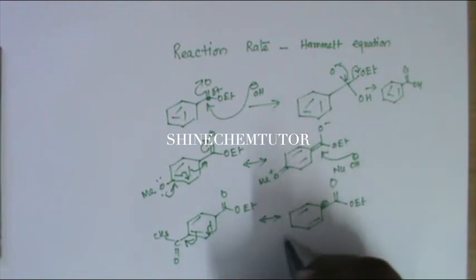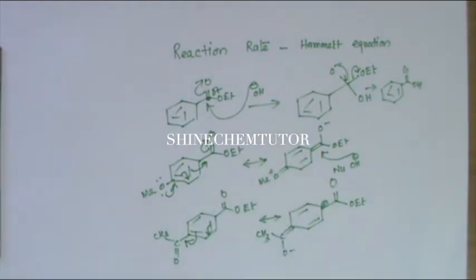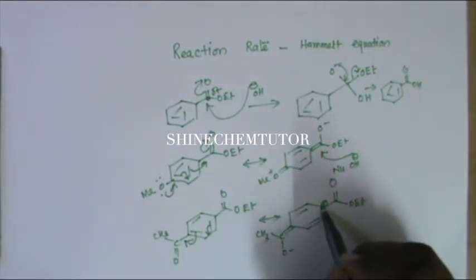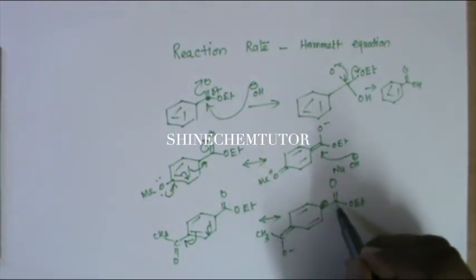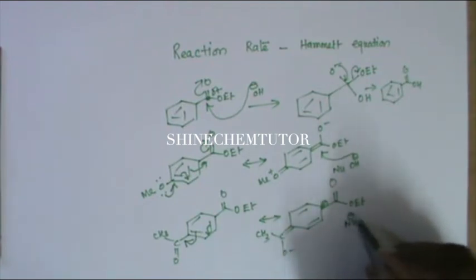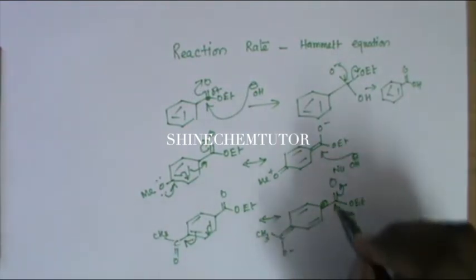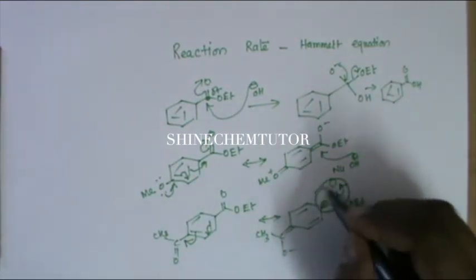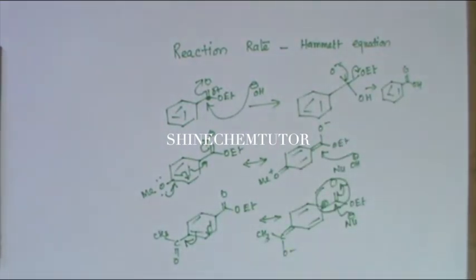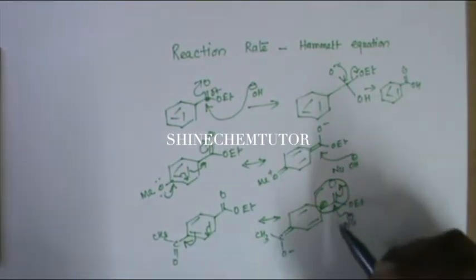Since there is a plus charge here also, the nucleophile will easily attack this, because the electron density at this position is very low.